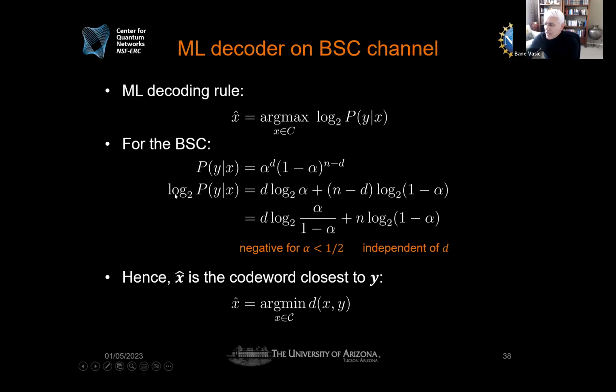So maximizing this log actually corresponds to finding a code word that has minimal D. This minimal D means that I need to find a code word that is closest to the received word in the Hamming sense. So this is the D that describes the Hamming distance between the code words.